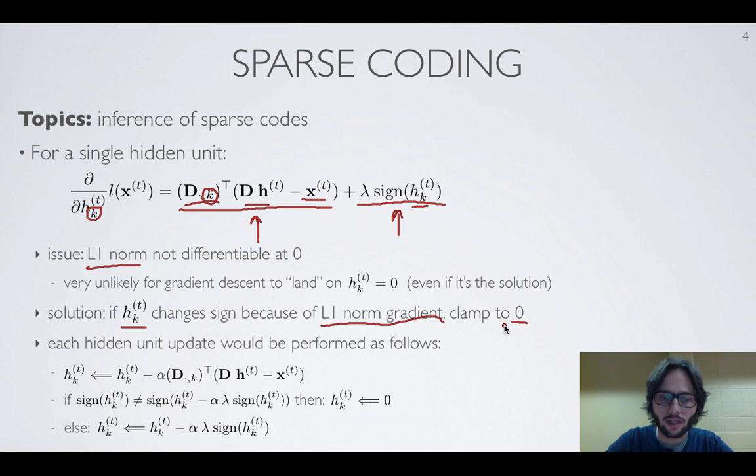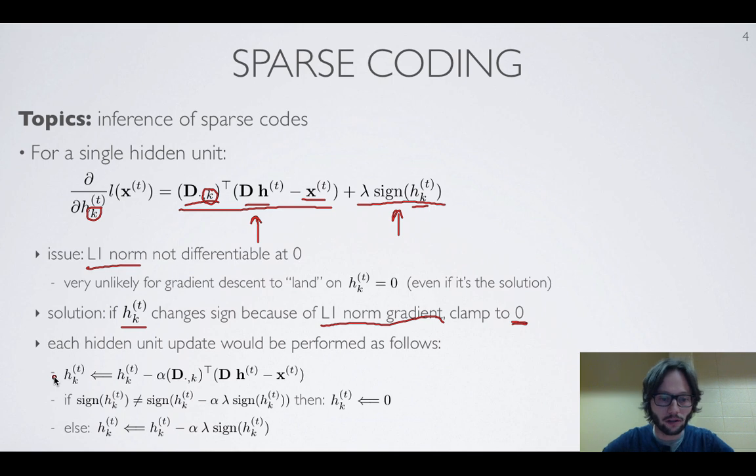Intuitively, if it's the gradient from the sparsity term that is switching the sign, we know the sparsity term prefers everything to be zero. So presumably it's trying to set it exactly at zero, and we'll do that.